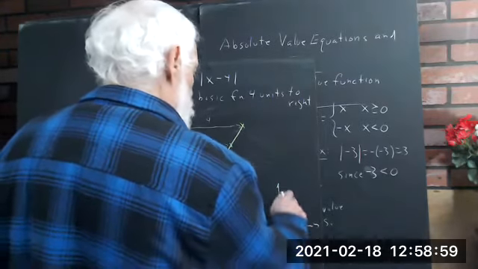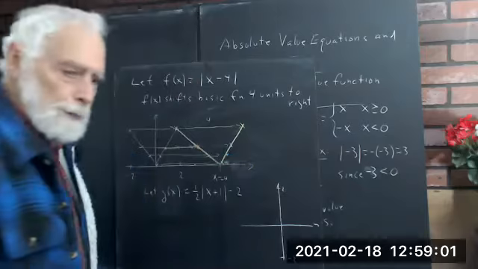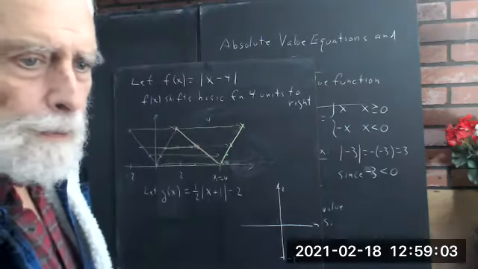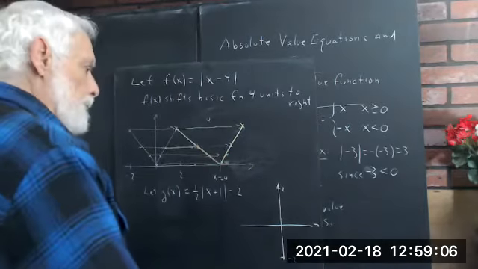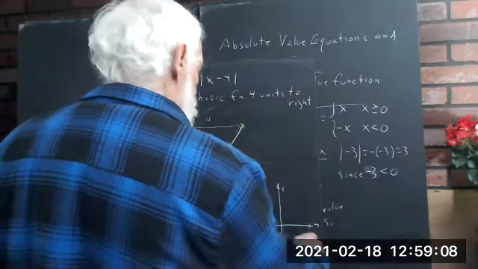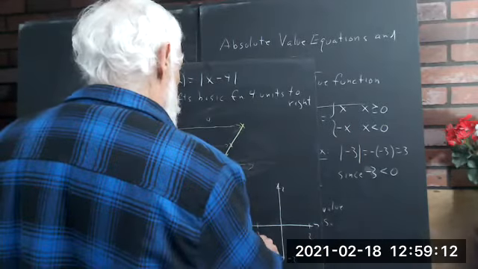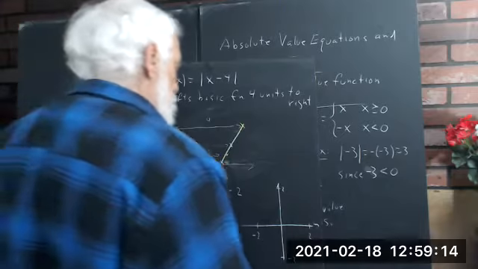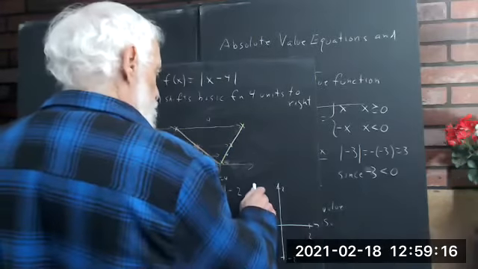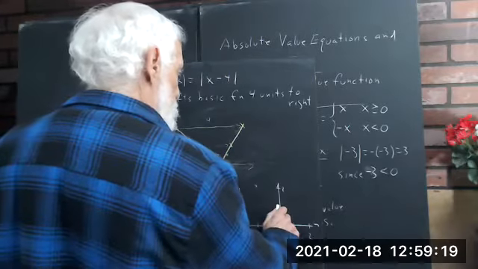So -2 is going to be here. 2 is going to be up here. And am I getting that? Yeah, I'm getting it with the camera. And I'm going to put 2 over here. -2 here. So I'm going to have my points.